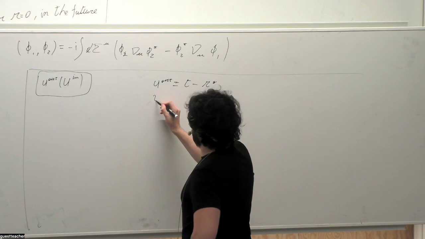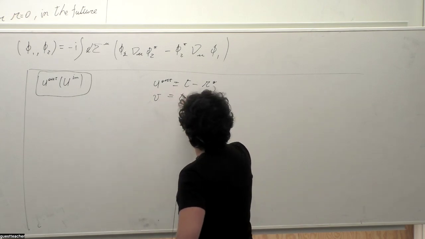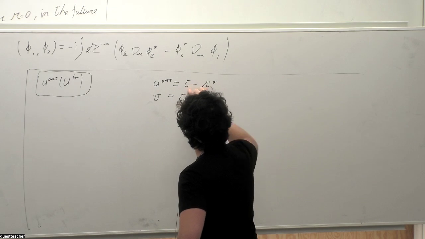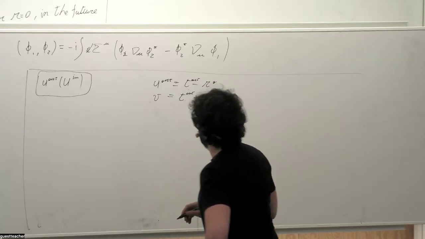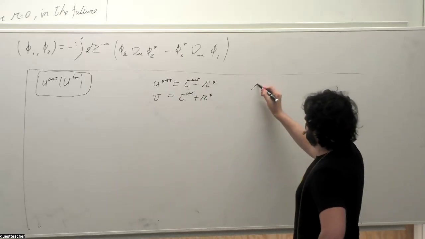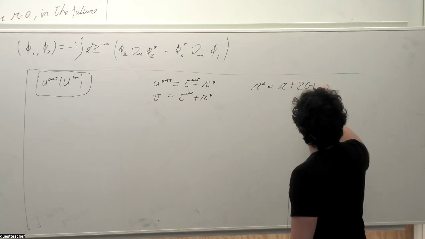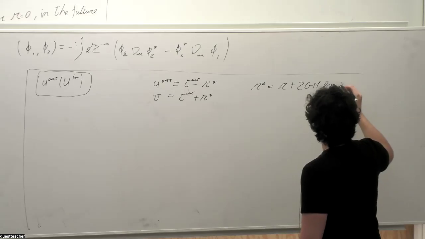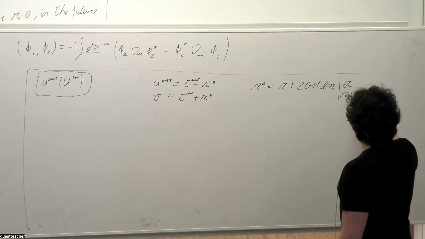And also we have v, which is t plus r star, where we assume v is continuous but t is discontinuous: t out plus r star. And if you remember before, we wrote r star equal to r plus 2GM logarithm of r over 2GM minus 1.